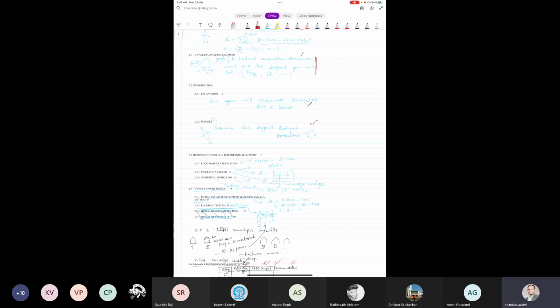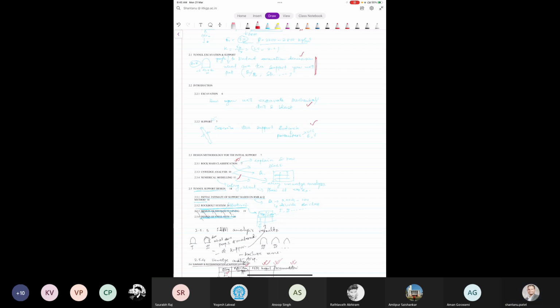Now in design methodology, what is our approach that we have already discussed? First we will be assessing our support system using our rock mass classification system. Then we will do wedge analysis, and then we will do FEM modeling.